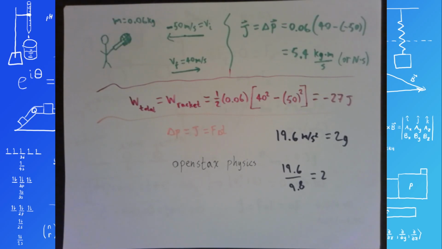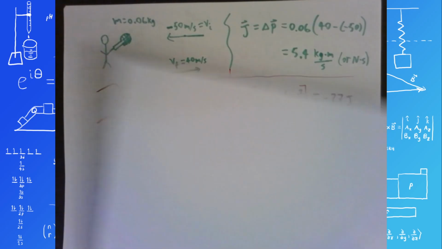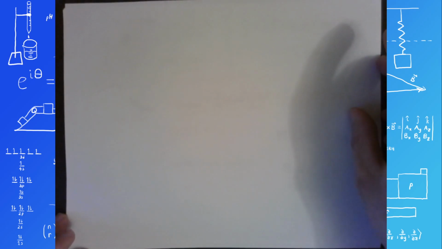Problem 33 says, a cylindrical fishing reel has a moment of inertia of 6.8 times 10 to the negative 4 kilogram meters squared, and a radius of 4 centimeters.